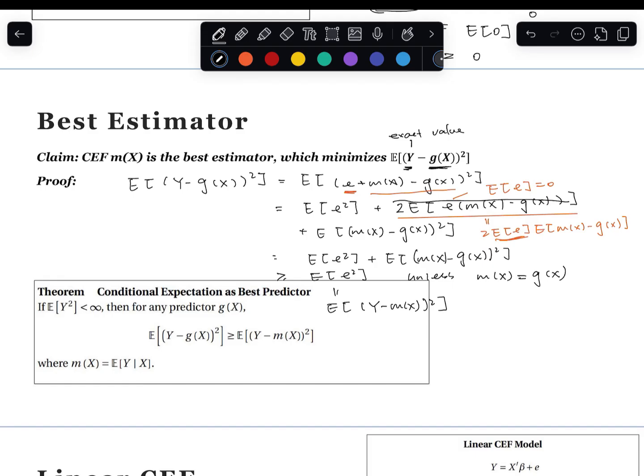So finally, we can conclude it as the conditional expectation being the best predictor. So when the expectation of y squared is finite, then for any predictor g(x), the CEF m(x) is the best estimator, which minimizes the distance between y and this function.